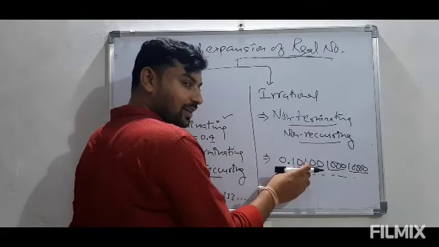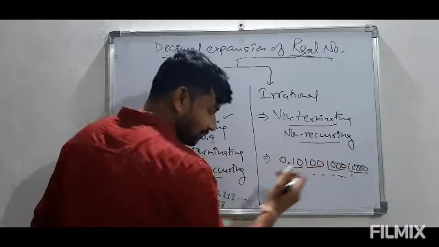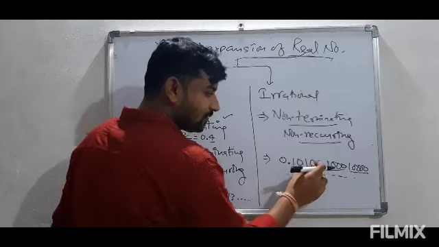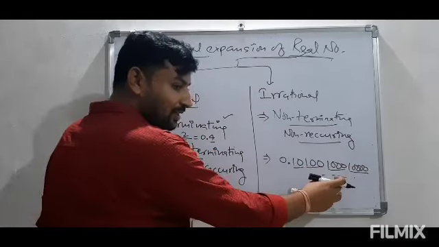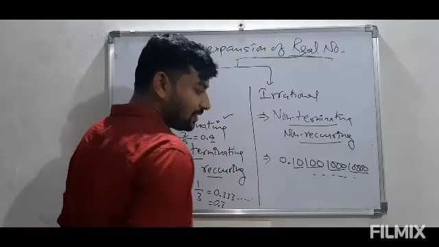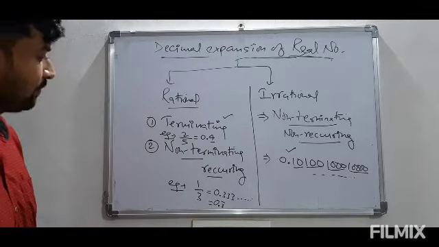Earlier it was 10, then 100, then 1000, right? If we look in the decimal part, it is 10, then 100, 1000, and so on. So it is non-terminating and non-repeating. So these kinds of decimal expansions come under irrational numbers.